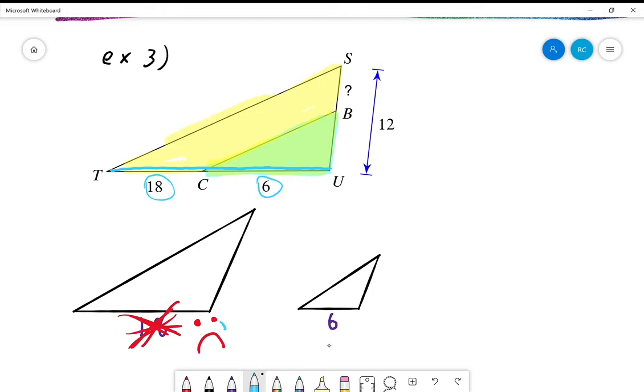Okay? It is 18 plus 6. So it's 24. Now, this side here, US, we probably should have labeled these, is 12.